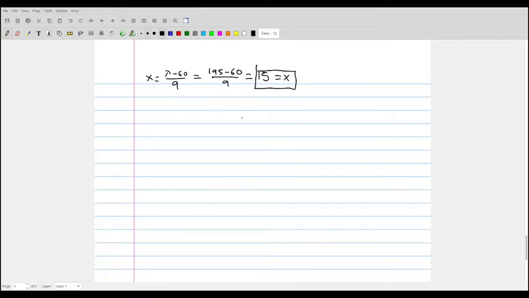So x equals 15 is our number of x units we should produce. And y is equal to lambda minus 60 over 3, which is 195 minus 60 over 3, or 45.